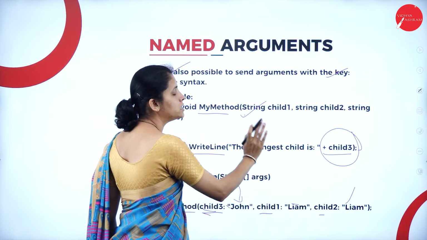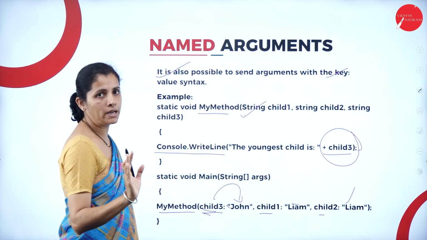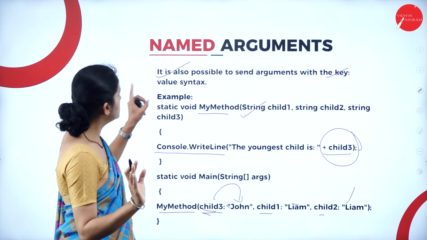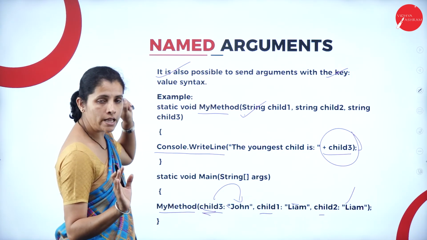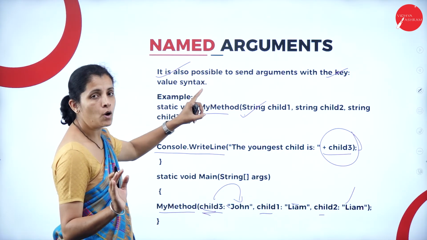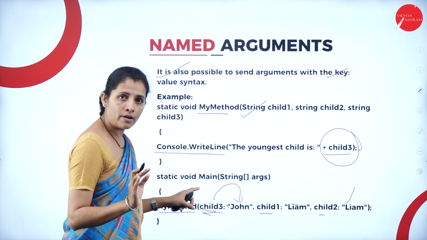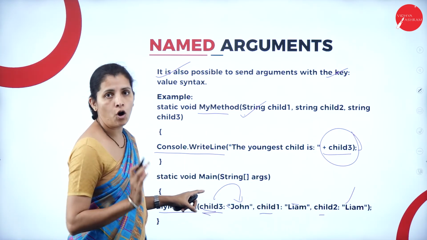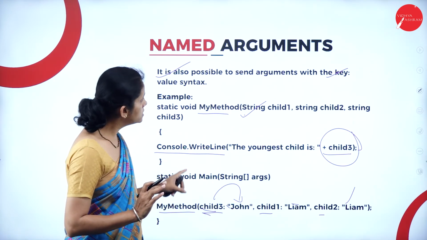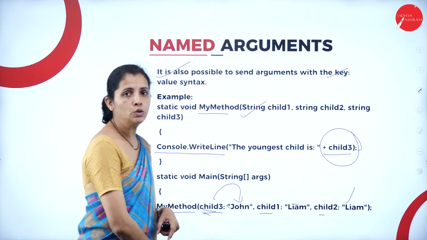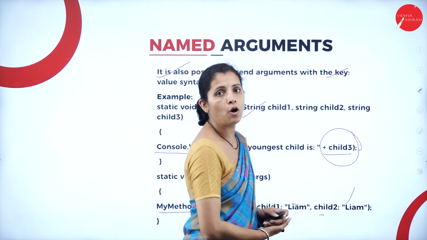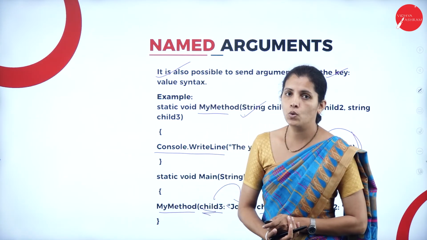I'm going to display only 1 parameter. So, what is a named argument? As the name itself indicates, while passing an argument, I can specify the name of the argument. This is the way we can use named arguments in our program.